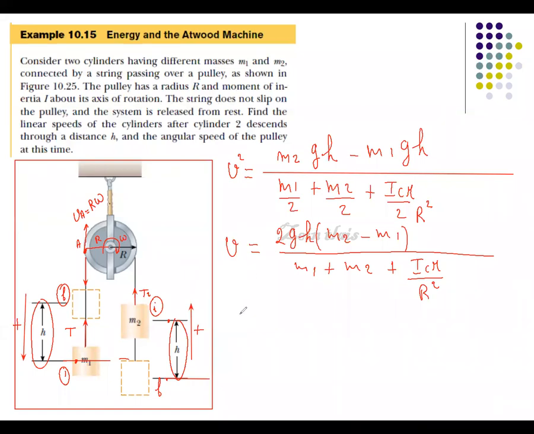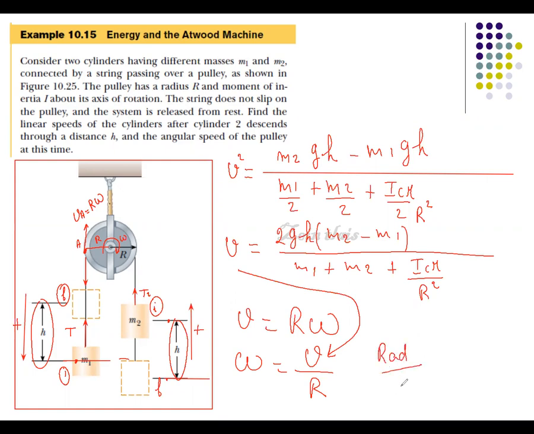Here we have V equals R times omega. Omega equals V divided by R. Okay, we can substitute the value of V here. We get the value of omega in radian per second. Okay, it's easy. So it's equal to 1 divided by R times the value of V.